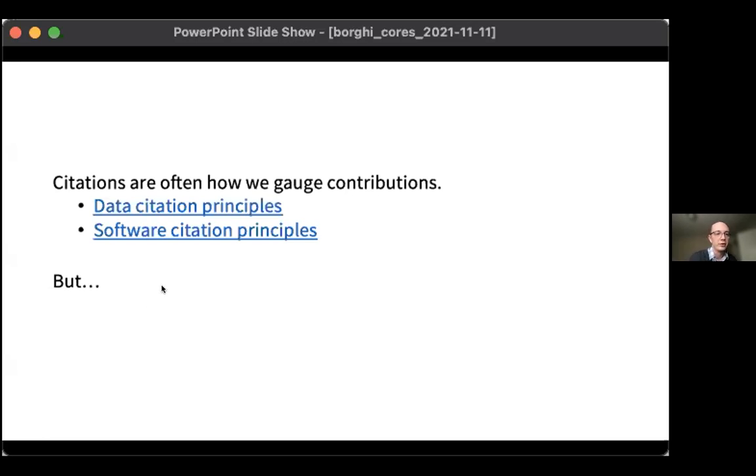I will say, obviously, all of this is contingent upon citation being the metric for credit, especially for software. It's a little unclear to me still how this maps on directly, but there's other ways people use software that don't get cited that still should be credited. So this is still an evolving conversation, but one of the main reasons to share is so everyone can get credit for their work, right?